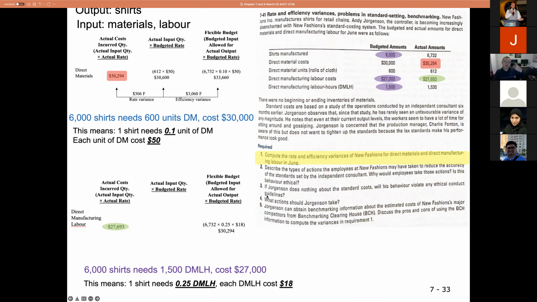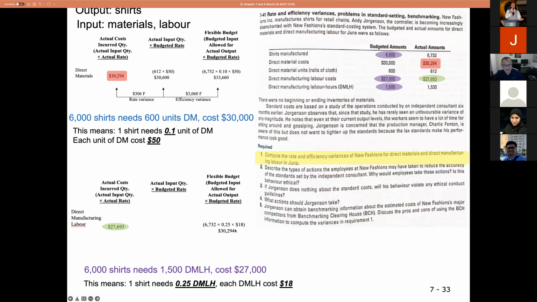Now tell me, how do we calculate this number on the right side? That would be 6,732 times 0.25 times $18. So you use the actual output, 6,732 shirts times 0.25. This tells me how many manufacturing labor hours are needed, and times the $18 per hour is my cost.